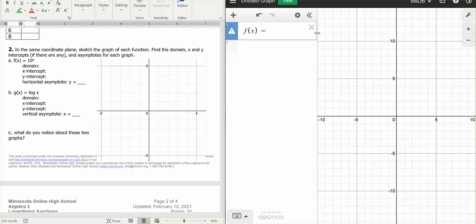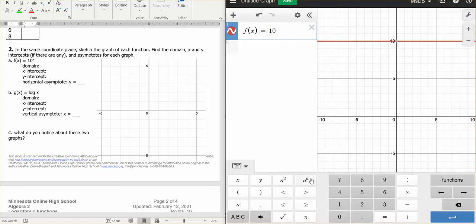To do the power of x, you can either open the Desmos keyboard and choose the a to the b button, then type in x, or you can type Shift 6 on your keyboard to get the up arrow, and then type in your exponent. The variable x is the exponent.